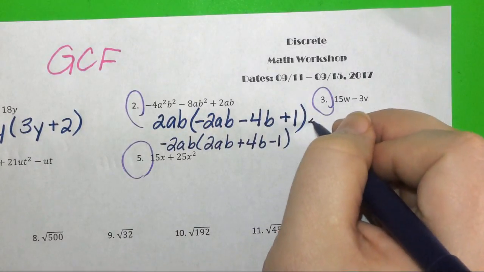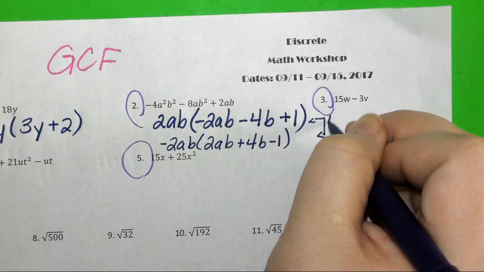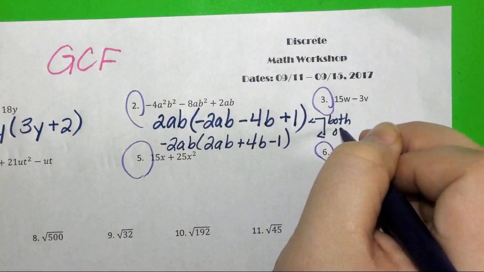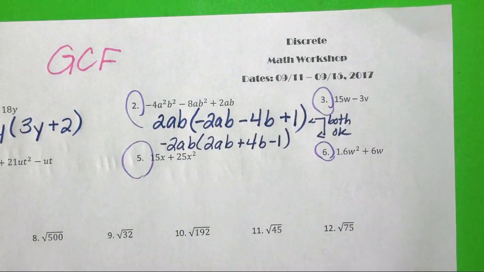Either one's okay. It's up to you. Some people like to factor out a negative just because they think it's going to make their life easier. It ends up changing everybody's sign, which I think makes life harder. But I roll with it, so I thought I'd throw that out there.